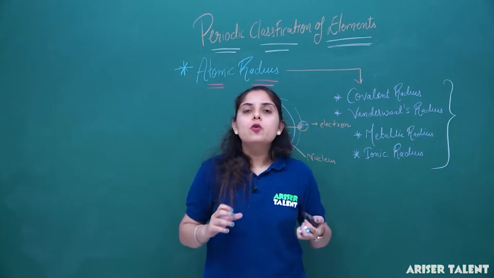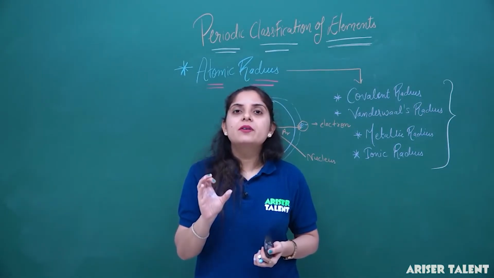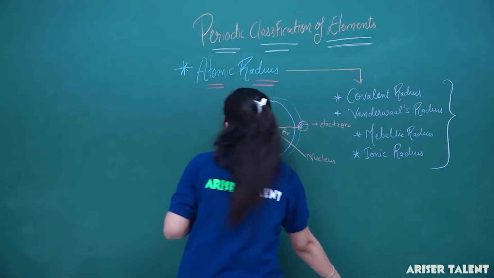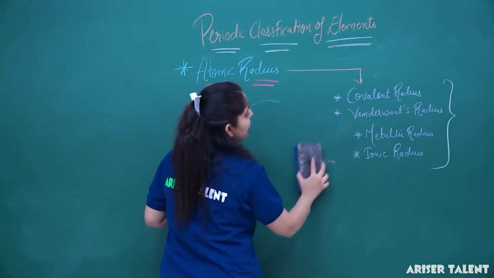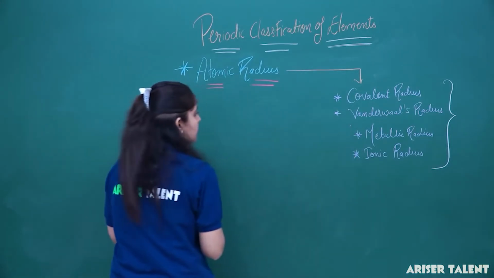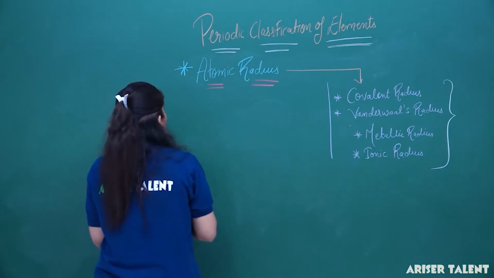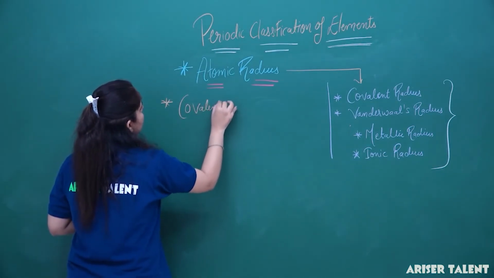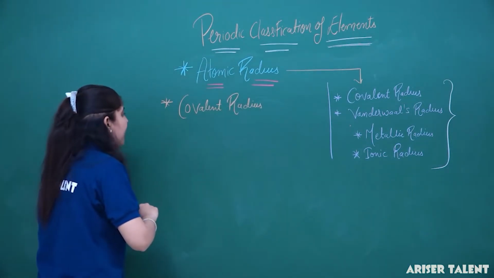Now, what actually is the covalent radius? It is half of the internuclear distance between 2 covalently bonded atoms. First topic is covalent radius.